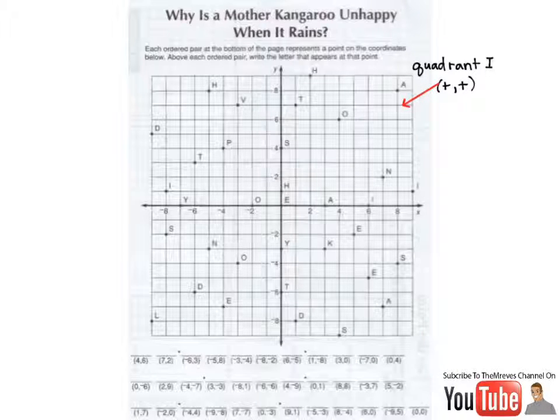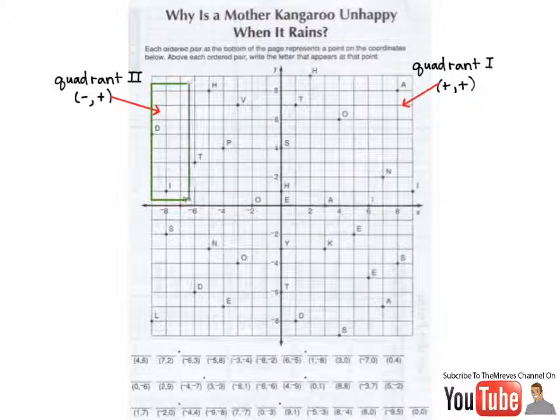The next one we're going to be dealing with is quadrant 2, and that is negative, positive, and that's right here. That whole square. And I guess we could outline that. Quadrant 2 is this whole thing. There we go.